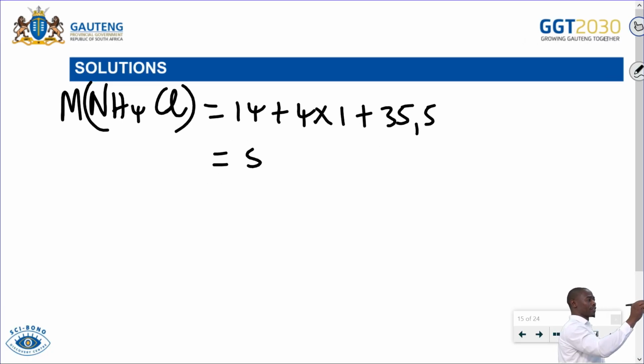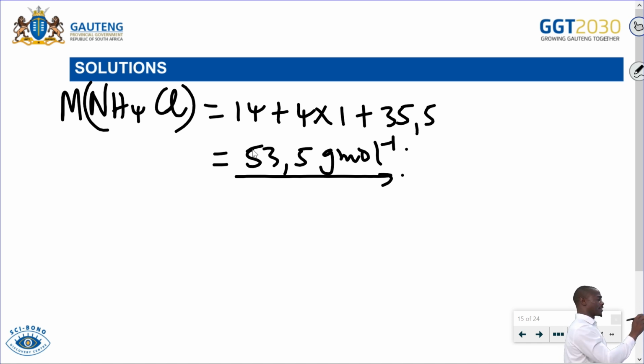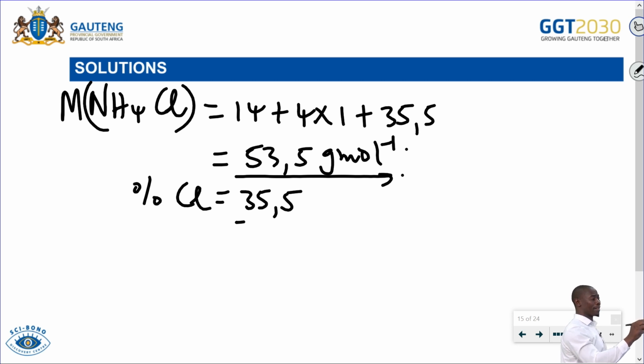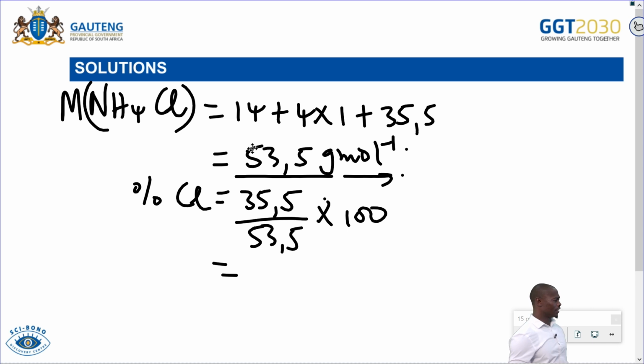So we have 53.5 grams per mole. Then now let's calculate the percentage of chlorine. It will be the molar mass of chlorine, 35.5, divided by the molar mass of ammonium chloride, 53.5, multiplied by 100.